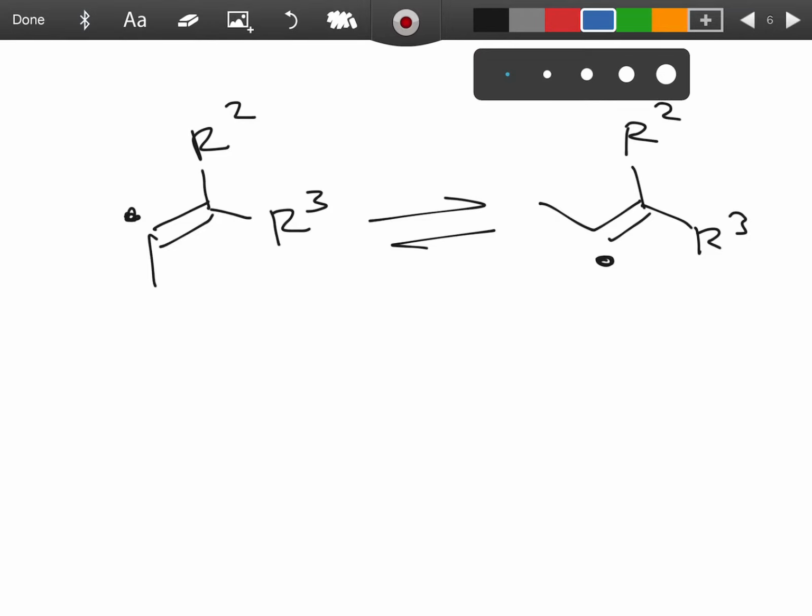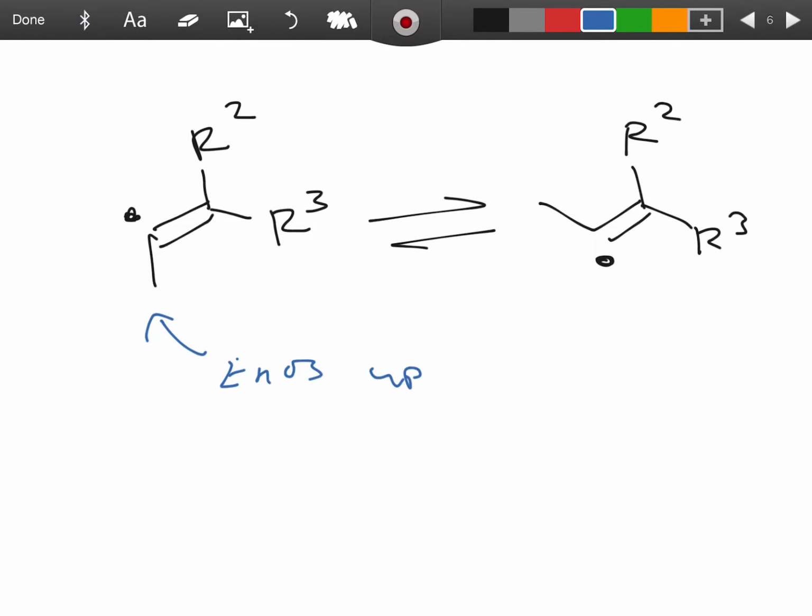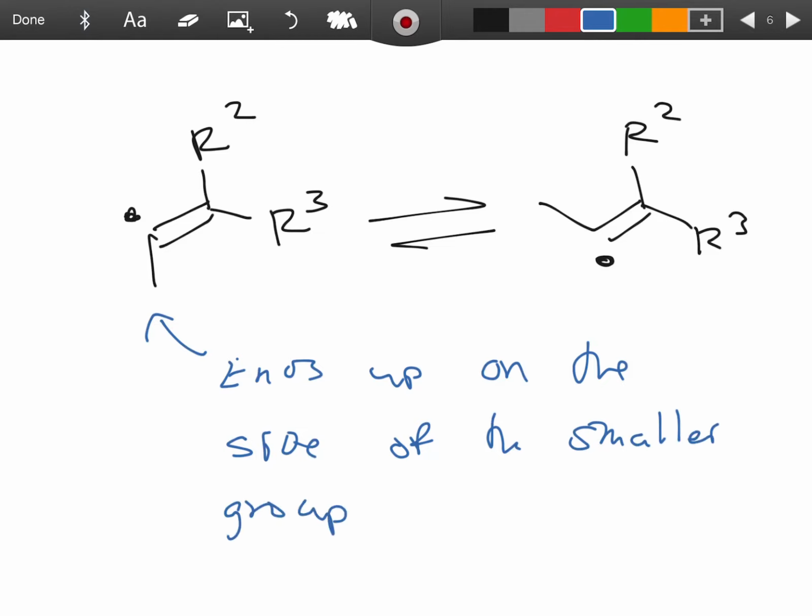This group here is going to end up on the side of the double bond that puts it beside the smallest of the two groups, R2 or R3.